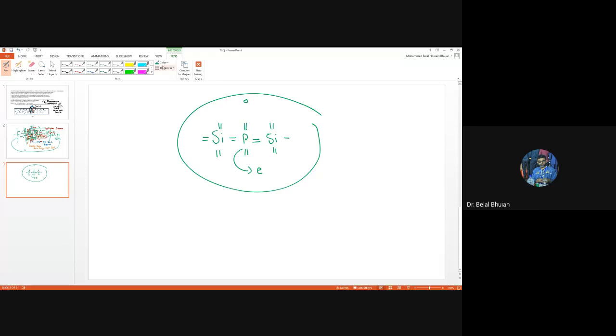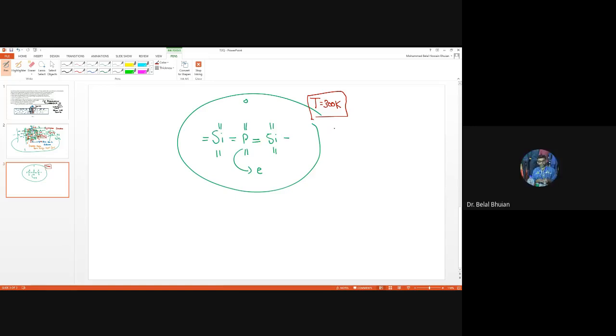Remember one thing, although in n-type material we generate electrons by doping phosphorus, that means every time you add one phosphorus, we get one free electron, you have to keep the material at a certain temperature, let's say 300 Kelvin. If you keep the material at 300 Kelvin, can you stop bond breaking? No, sir.